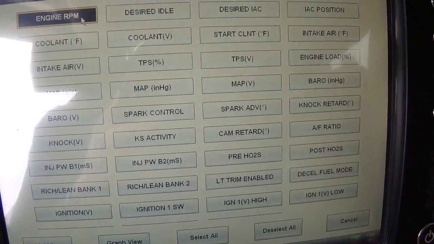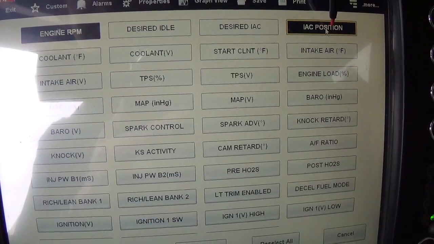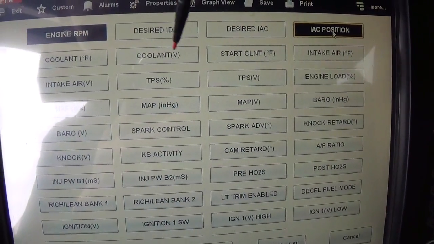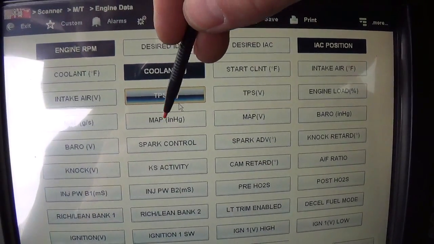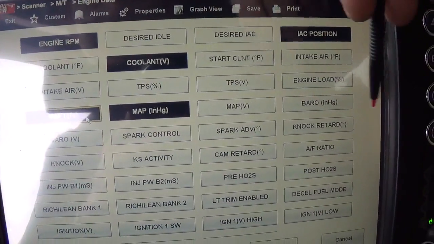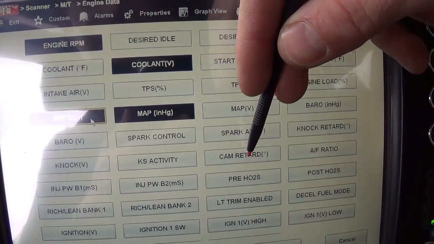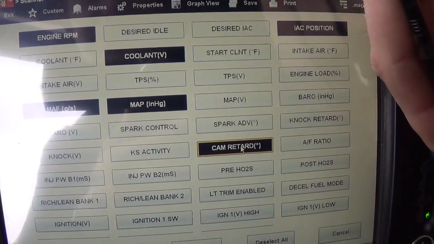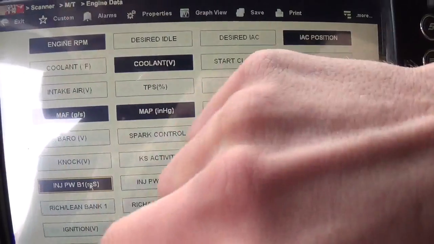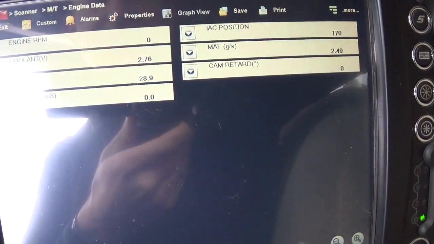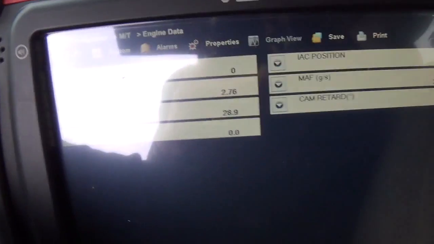So let's look at engine RPM, idle air control position, coolant, TPS, MAF, spark control, we don't care about that. Cam retard data PID, since we had that code. And injector pulse width. Just some basics there. Alright, here we go.